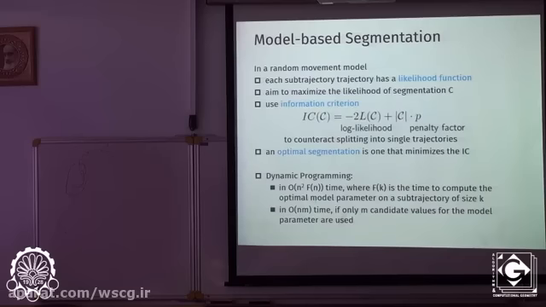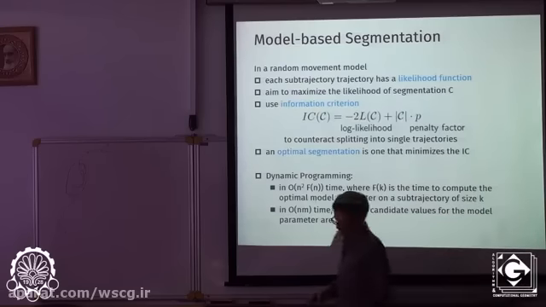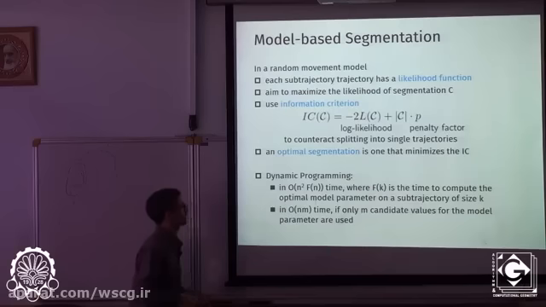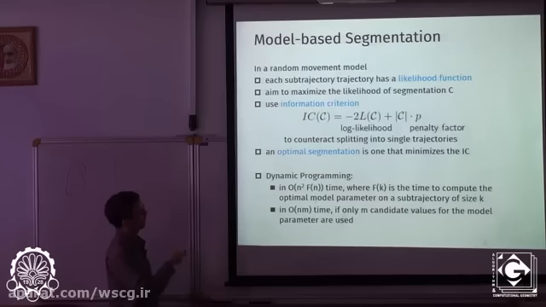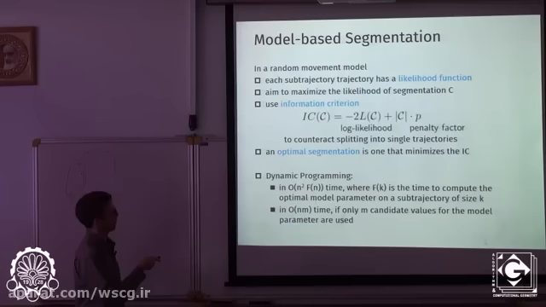And okay, as I said, we've already seen a few dynamic programming algorithms. This again is a simple dynamic programming algorithm, essentially the n squared algorithm that we already saw, where I have an additional term which relates to computing the optimal parameter for a certain subtrajectory.